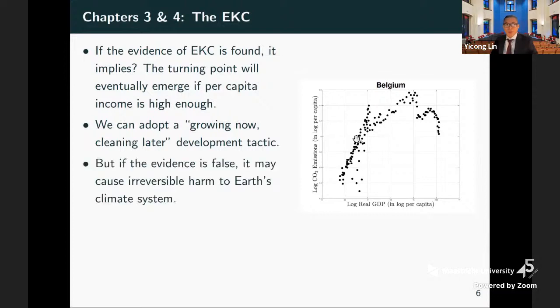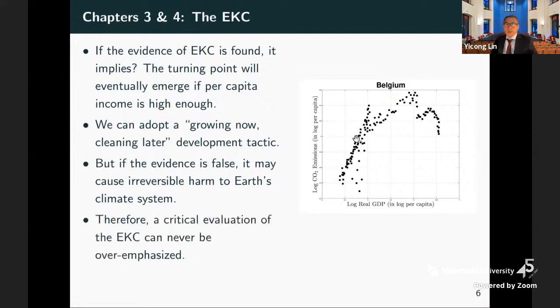However, what if the evidence is false? If it is false, such a development strategy may bring us irreversible harm to the climate system of Earth. For this reason, I think a critical evaluation of the EKC can never be overemphasized.